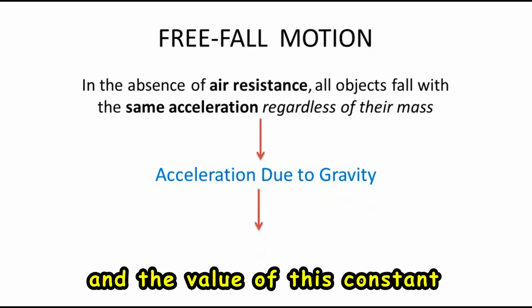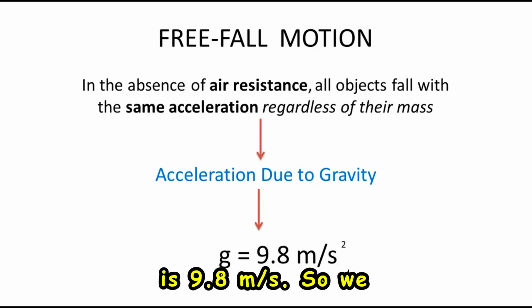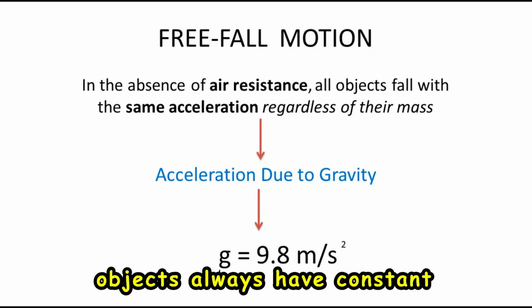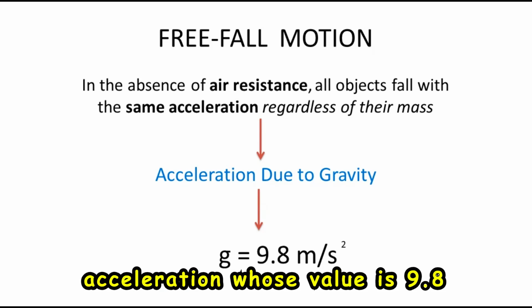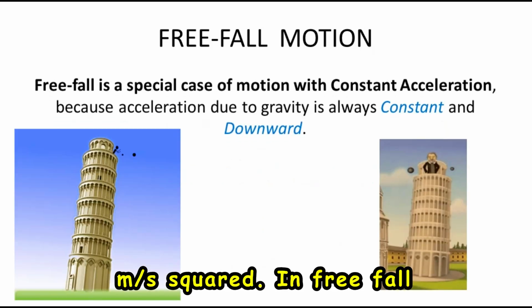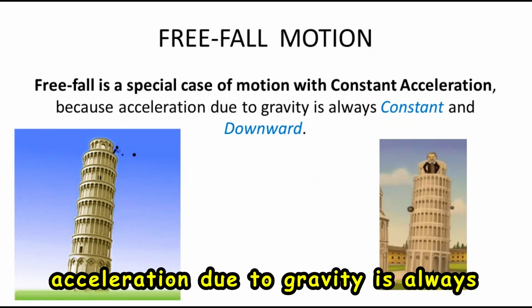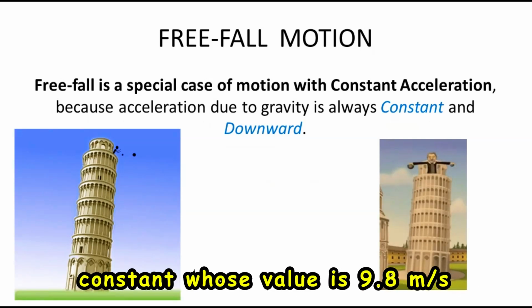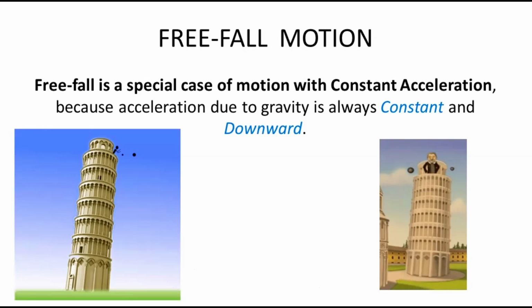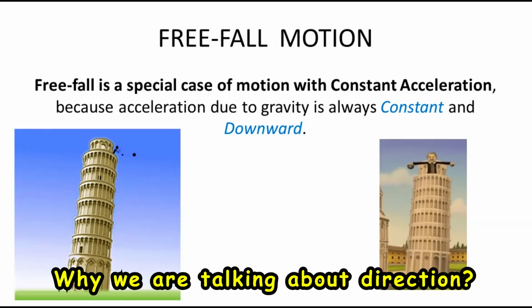And the value of this constant acceleration, which never changes, is 9.8 meters per second squared. So we can say that in free fall motion, the objects always have constant acceleration whose value is 9.8 meters per second squared, and it is always directed downward. Why are we talking about direction?